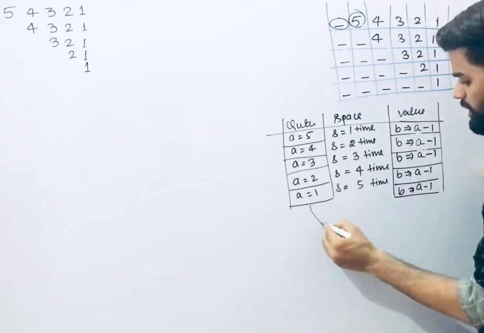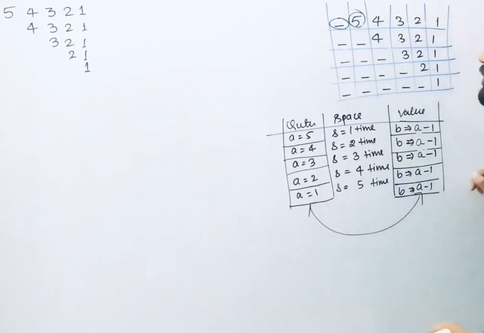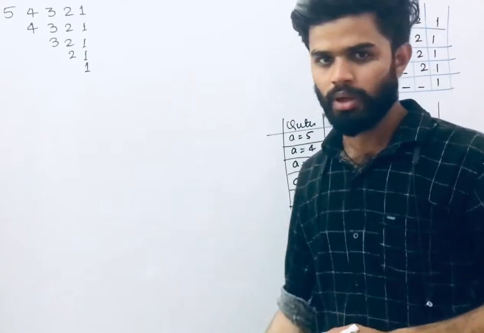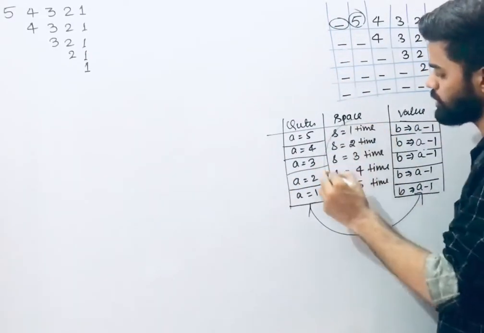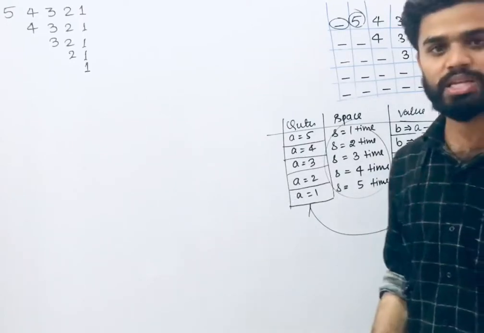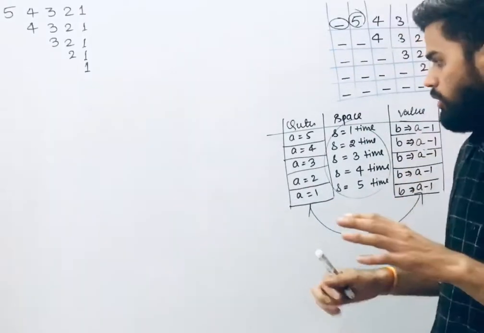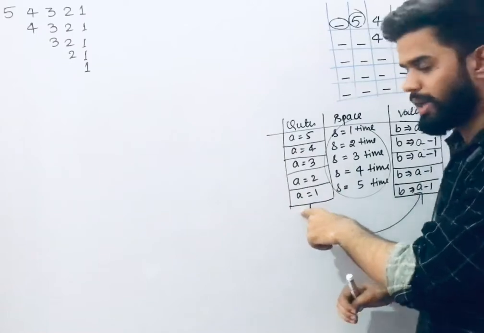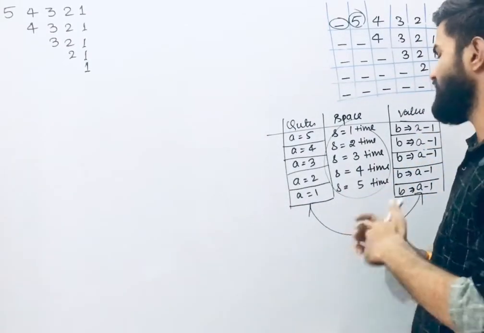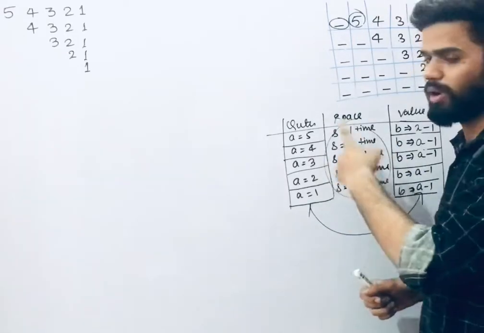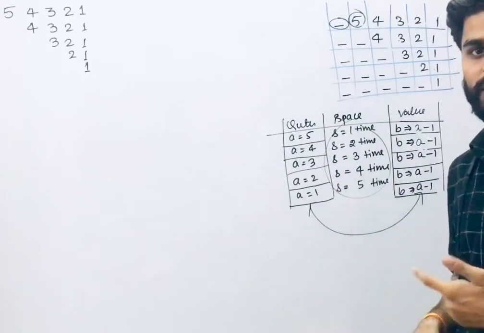So we see there is a logical relation between the outer loop and the values, but we are not finding any logical relation for printing the space value. Clear? We all know we run the outer loop from 5 to 1 and print the value from a to 1, but we did not find out what type of relation there is for printing space.